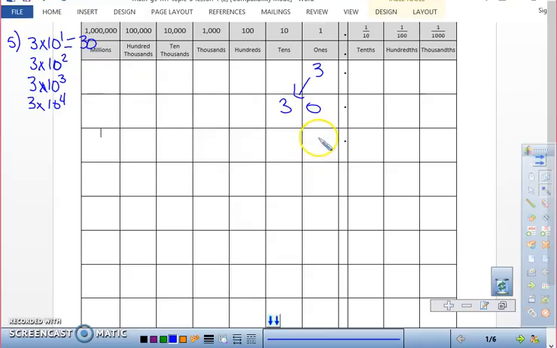If I have 3 and I'm multiplying it by 10 to the second power, that would be the same as doing 3 times 100. And I would move that over 2 place values, so that would equal 300.